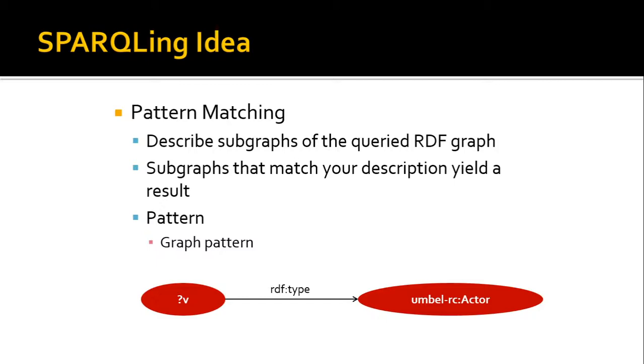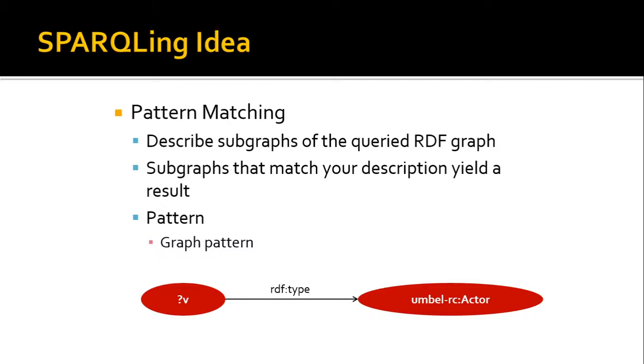But this graph pattern is basically nothing but again a set of triples. So we are following the same old idea that whatever you represent in the semantic web is basically a set of triples, right? Here also we'll be representing these graph patterns as a set of triples.